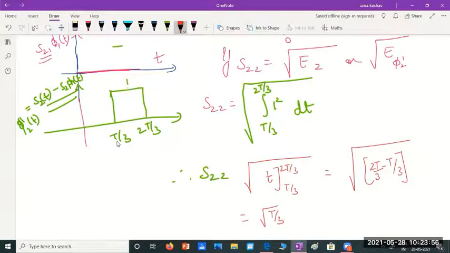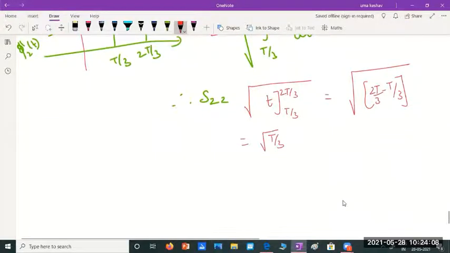The value is 1 in this range, and applying the limits after the integration, I get 2t by 3 minus t by 3, which turns out to be t by 3, under the square root. Therefore, the value of S22, the second coefficient, is root t by 3.